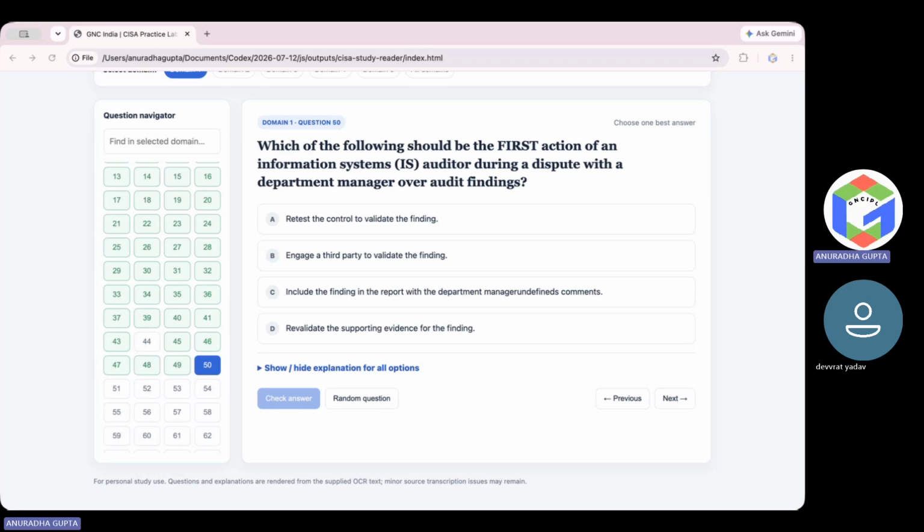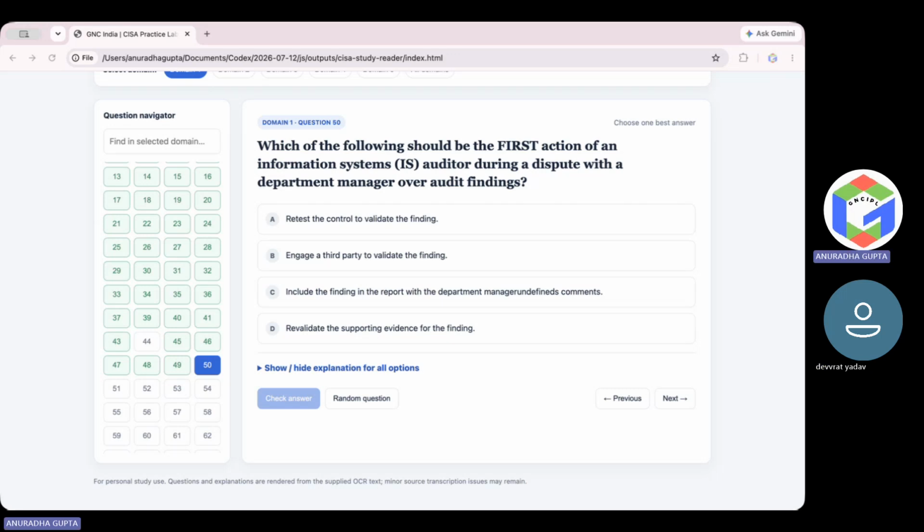As per the ISACA guideline, basically, if there is any dispute, it is the responsibility of an auditor to revalidate their own exercise, whatever they have performed. There is a possibility that he is a human and can make an error, so he might have missed something.